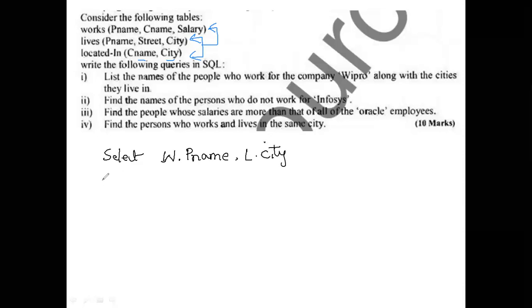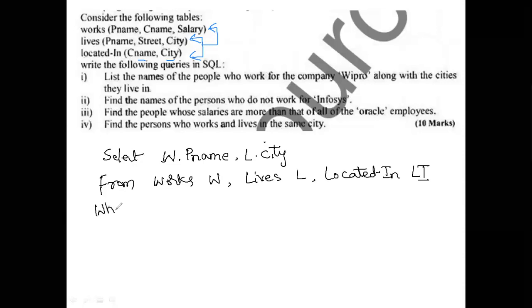Okay. From, so which tables we need? First is works table, so let us call this as w. Then lives table, let us call this as l. And located in, let us call this as li. Okay. So lives, located. Then combine the tables.